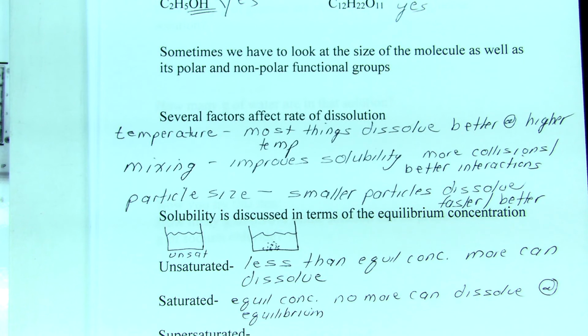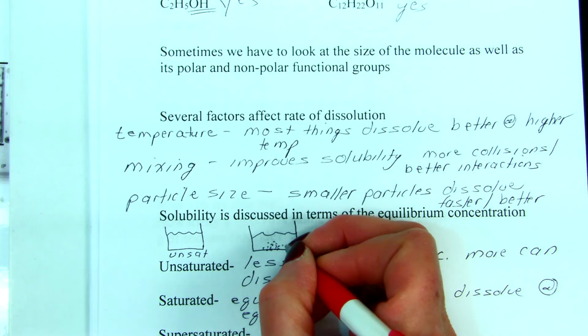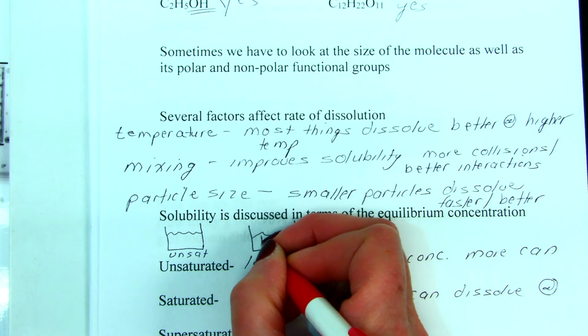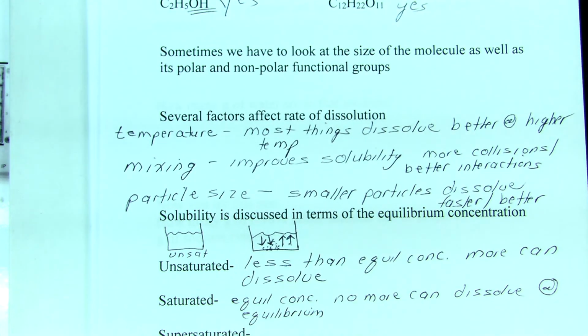You can't see this with your eye, but what's happening on a molecular level is that some of this solid is going into solution, and at the same rate, you have material coming out of solution. You don't have the same amount of solid on the bottom and the same amount dissolved. It's the rate that is the same, not the amount. It'd be like if I said, well, today I don't want to talk to 10 students that are here. I only want to talk to 8 students at a time.